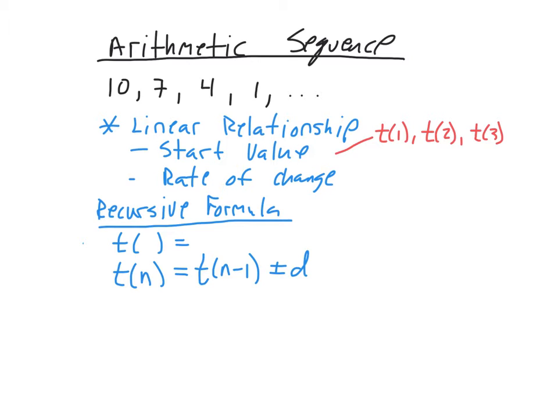So that won't generate the whole sequence, but it'll generate everything from t of 3 on. So keep in mind, you can use any start value you want. By default, we use t of 1 because we're usually given a sequence like the one we see here. And t of 1 is simply the first term in the sequence.